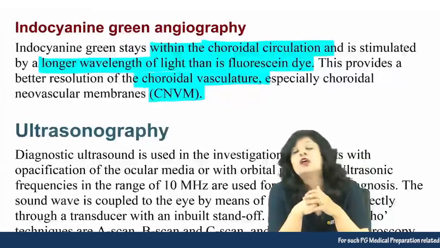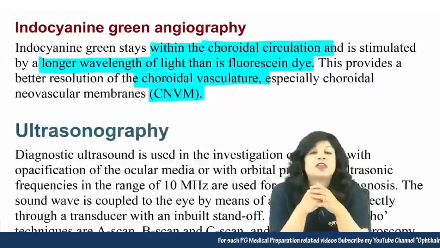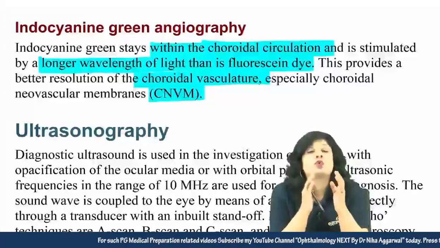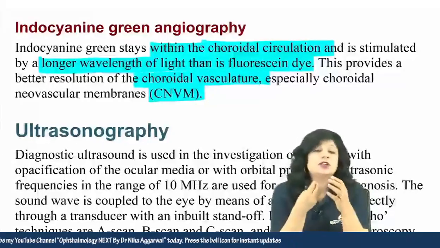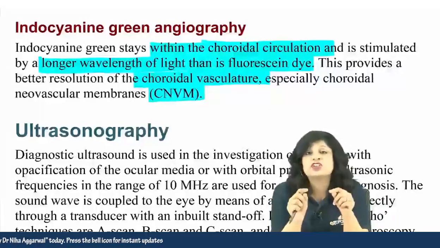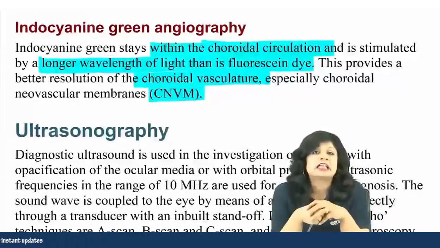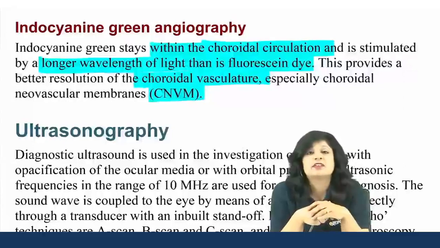So you typically have this idea that whenever I am talking about choroidal neovascularization, especially occult choroidal neovascularization, which angiography should be preferred? It is the ICG, that is indocyanine green angiography.